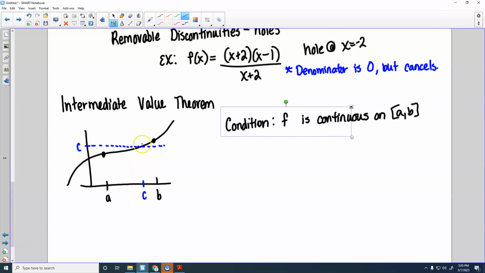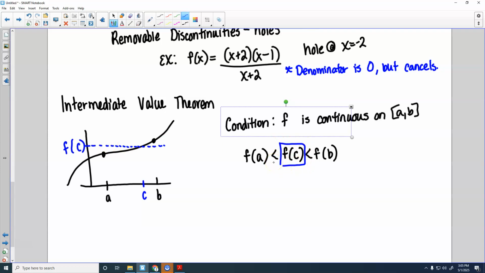That's going to be a C. This is going to be F of C. So if F is continuous from A to B, and we have F of A is less than F of C, which is less than F of B right here. So where I have that dotted line, that's your middle value.